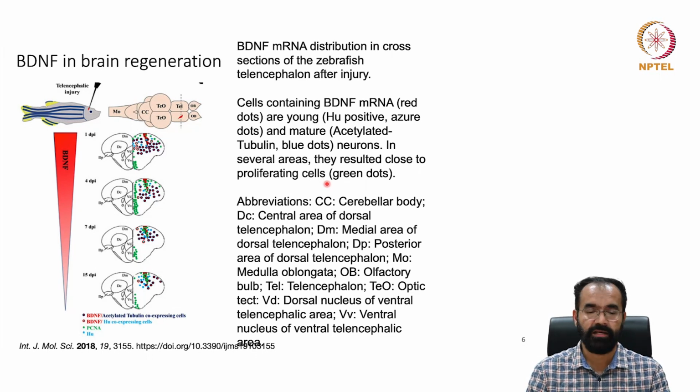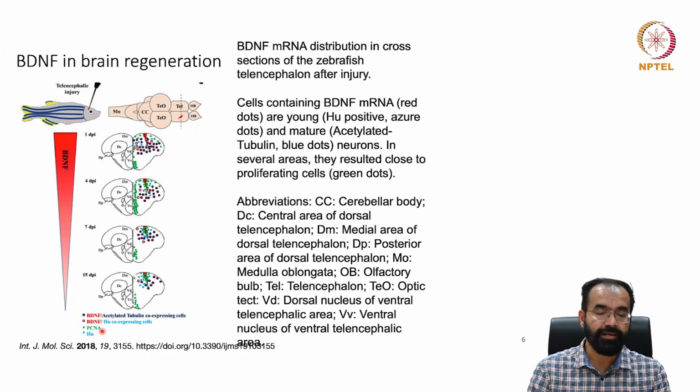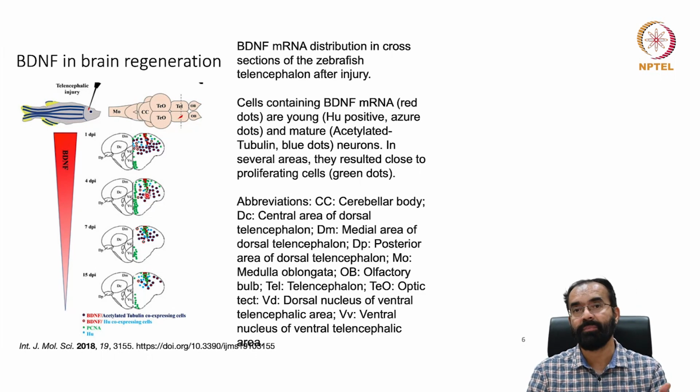So it indicates that the expression of BDNF is on a widespread area to start with, and that is indicative of PCNA, which is the indicator of proliferation, and also there are cells co-expressing BDNF and HuC. The BDNF and HuC co-expressing cells are given like a circle label, you can see here, because the HuC is blue inside and the red is outside, because it's a cartoon. That's how they have depicted. So many HuC expressing cells have BDNF also.